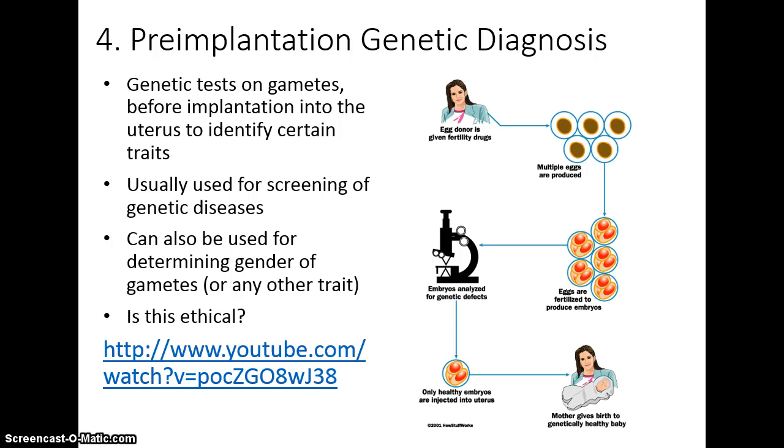When they're at a certain stage, you can take out one of the cells, do genetic analysis on it, and then determine which of those zygotes to implant. Some of them may have disease and you may not want to implant those. Or you can also do this for any other trait, such as whether they're male or female, or genes for tallness. So there are some ethical questions around that.